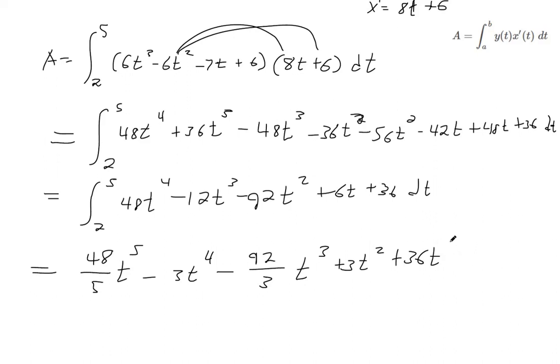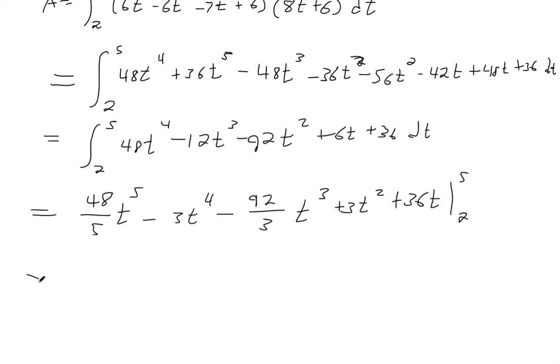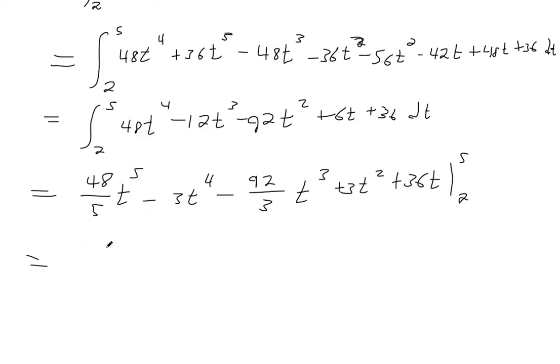We need limits of integration, but we don't need the arbitrary constant c. And then, again, I don't know why we have to have this as an exact fraction, so we don't even get to use decimal approximations for these crazy terms. So 5 to the fifth divided by 5 makes 5 to the fourth. So this is 48 times 5 to the fourth.